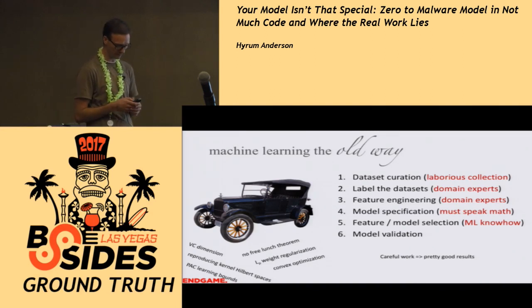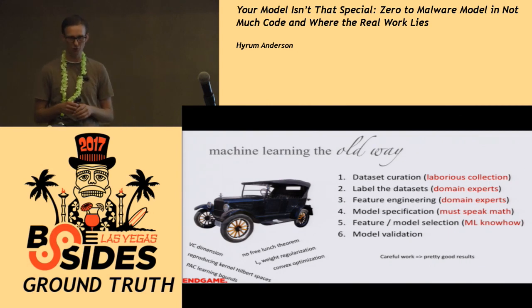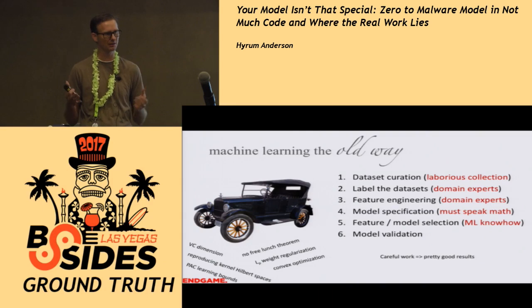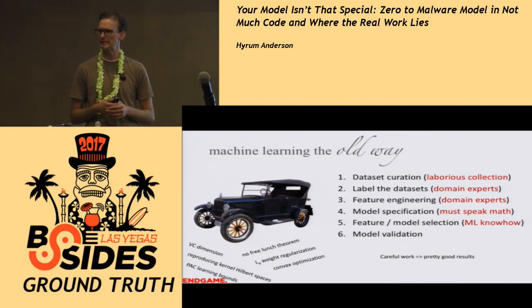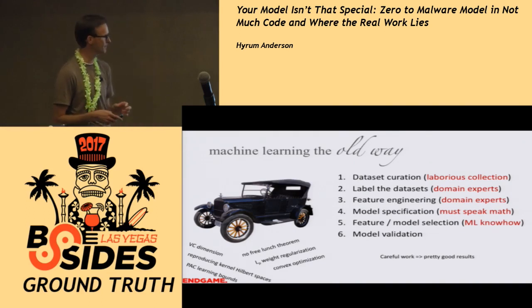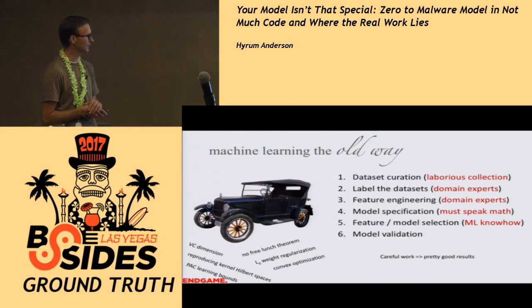Domain experts would furthermore decide on how to describe those data elements. So if these were images, there were lots of papers about features like SIFT features that were supposedly useful for characterizing objects within images so that models could be built around them. And then model specification.